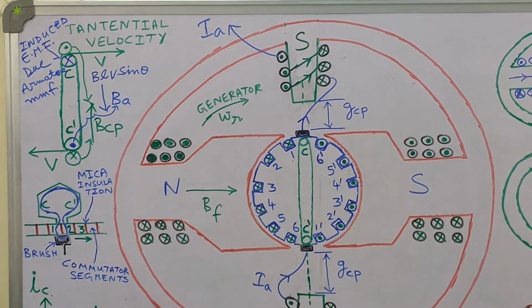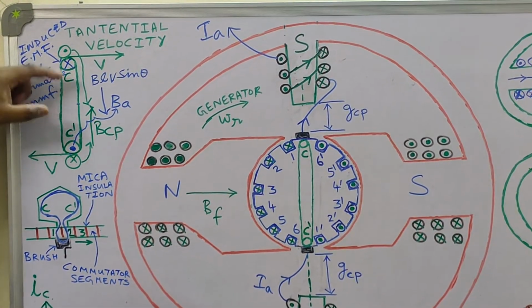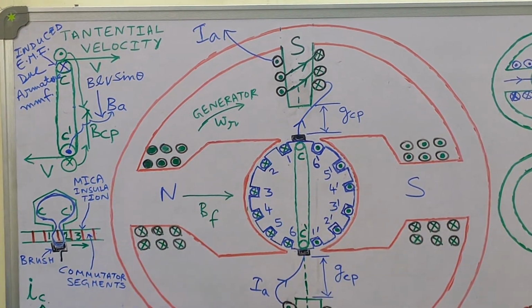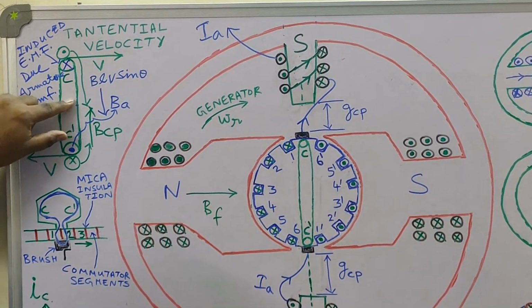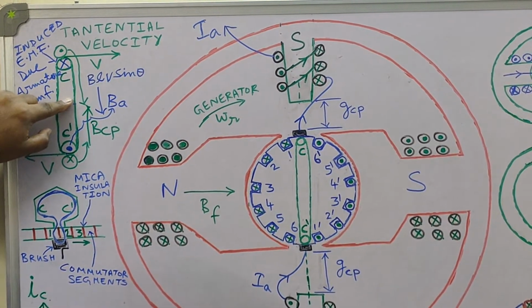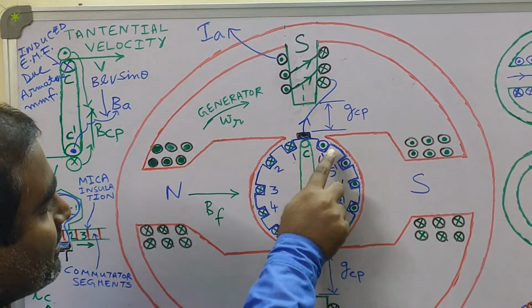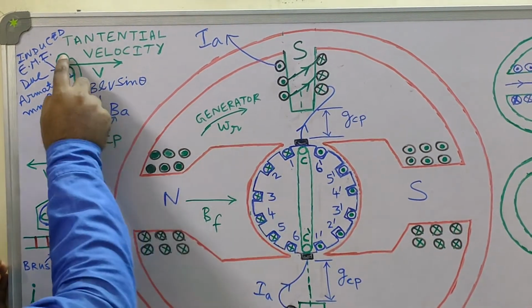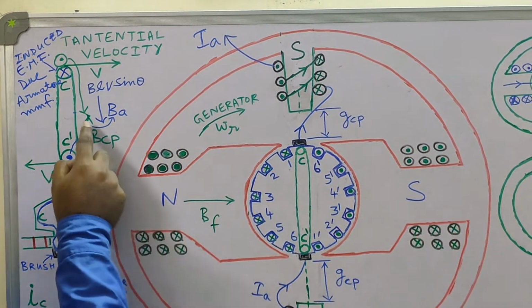So what do you see? That the EMF induced in the commutated coil by these interpoles is of such nature that it is helping the commutated coil to attain a voltage polarity which is actually needed. For example, when one moves to this side, it should be dot. So you see in coil side C, dot polarity is being induced by the interpole flux density, that is BCP.